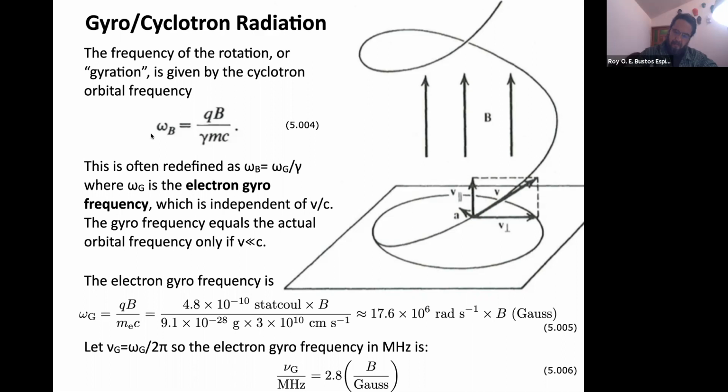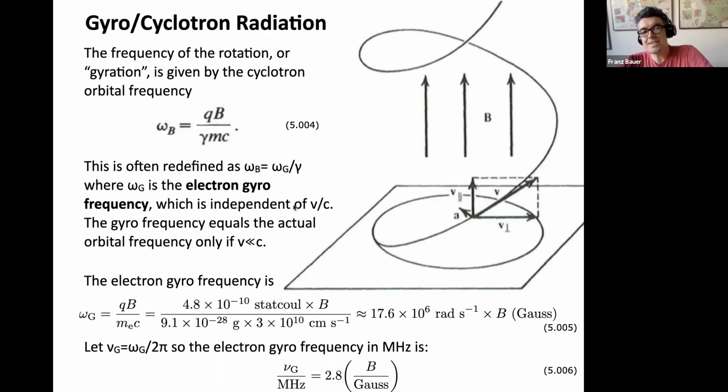There we go. Okay, so this orbital frequency is going to be related to the charge, the magnetic field, and this gamma factor. We can redefine this as the magneto-Bremsstrahlung frequency, which is basically the gyro frequency, which is just these portions, times gamma.